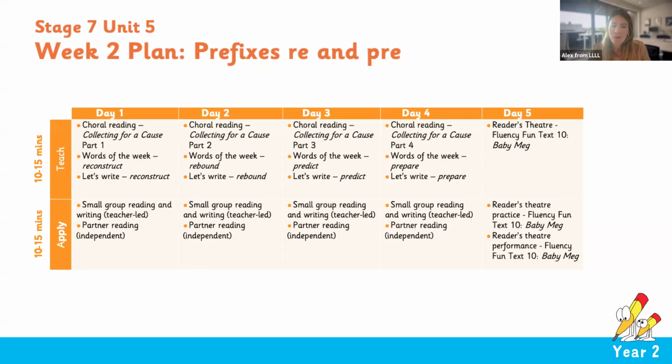And then a word of the week, so some vocabulary instruction, taking a Tier 2 word from the choral reading text to teach explicitly. And obviously that word is also an example of whatever the word study learning focus was for the day. So reconstruct is obviously using our new prefix re and the meaning of that prefix that we've learned that day.